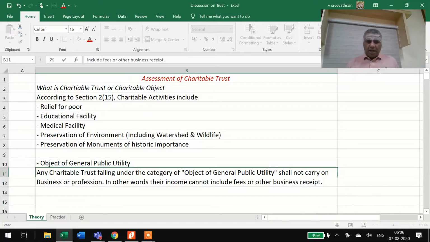A charitable trust or organization falling under the last category, object of general public utility, is prohibited to carry on business or profession. In other words, you cannot have receipts like fees or anything.